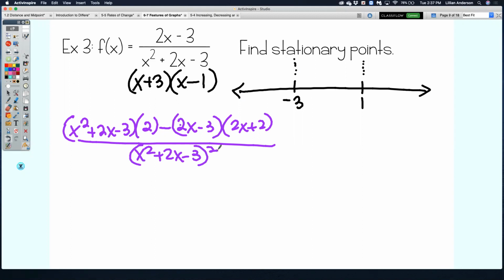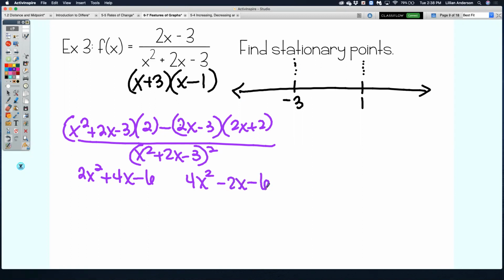So this will give me 2x squared plus 4x minus 6. Over here, I'll have 4x squared. Then I'll have a -2x. Then I'll have a -6.